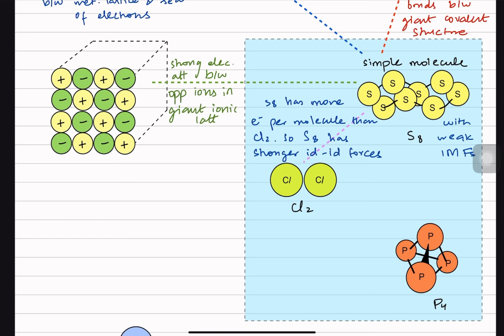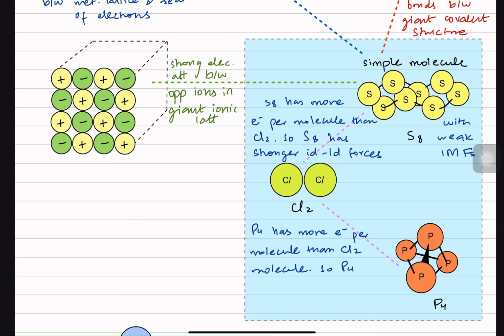If the comparison was between P4 and Cl2, again I would notice that both are simple covalent molecules. So I would say P4 has more electrons per molecule than the Cl2 molecule.